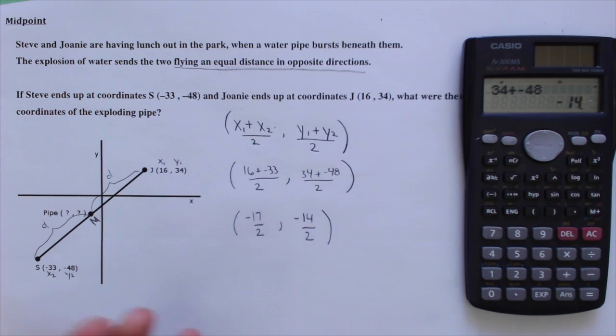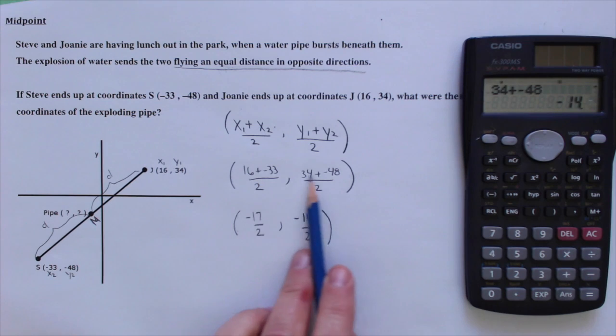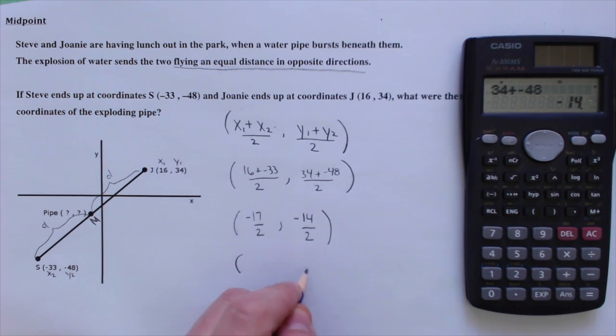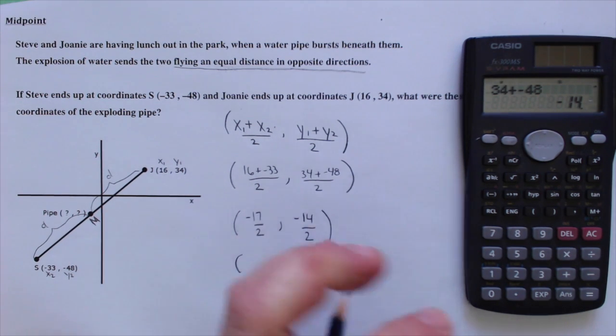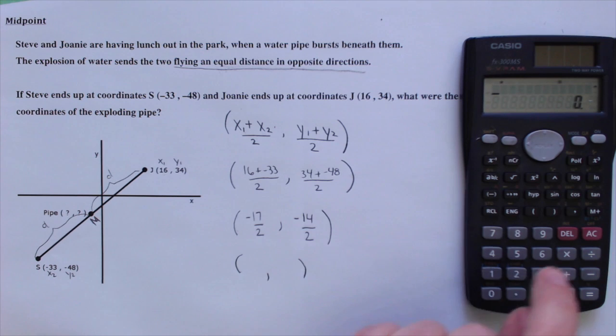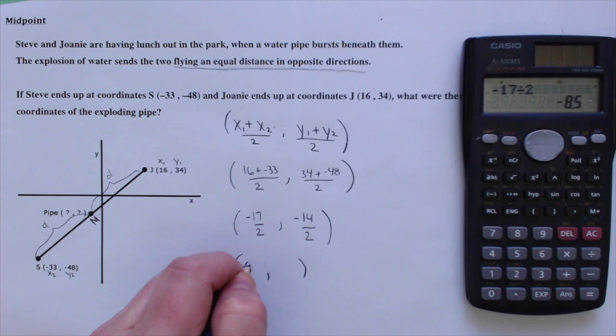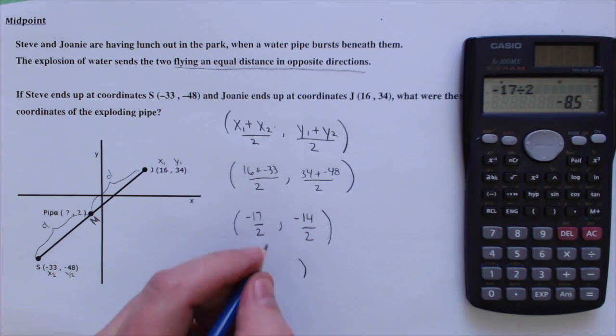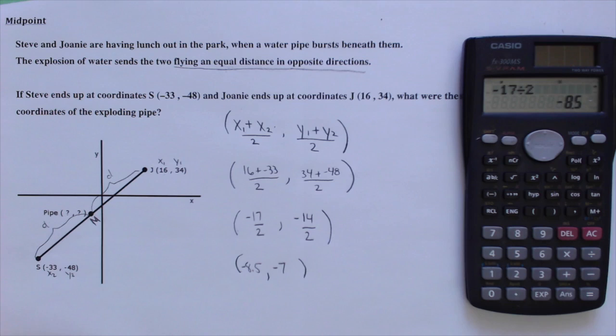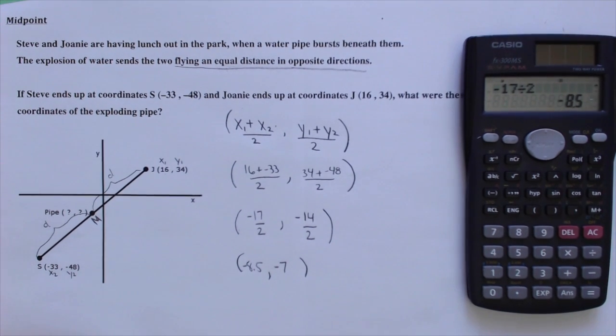I guess the last thing that maybe some students forget is they have to do that division. I mean, sometimes we just stop on the top. So make sure you finish it off. -17 divided by 2 is -8.5. And then -14 divided by 2, I don't need the calculator for that one, trust me on that, it's -7.